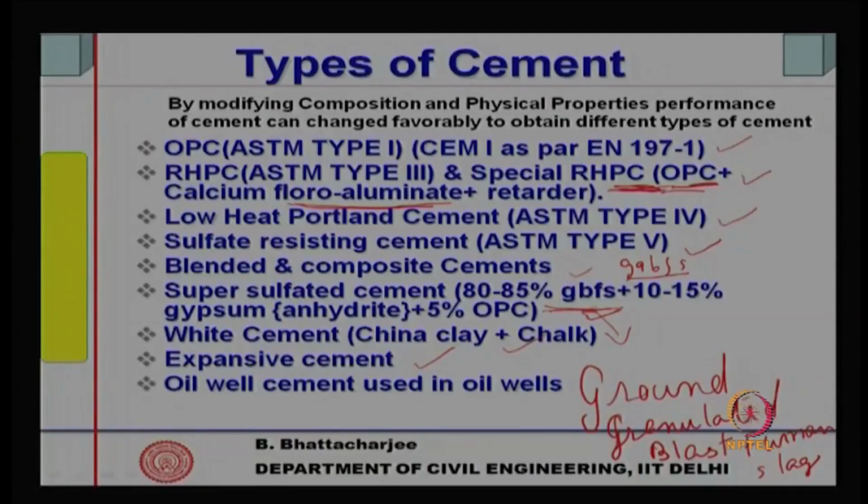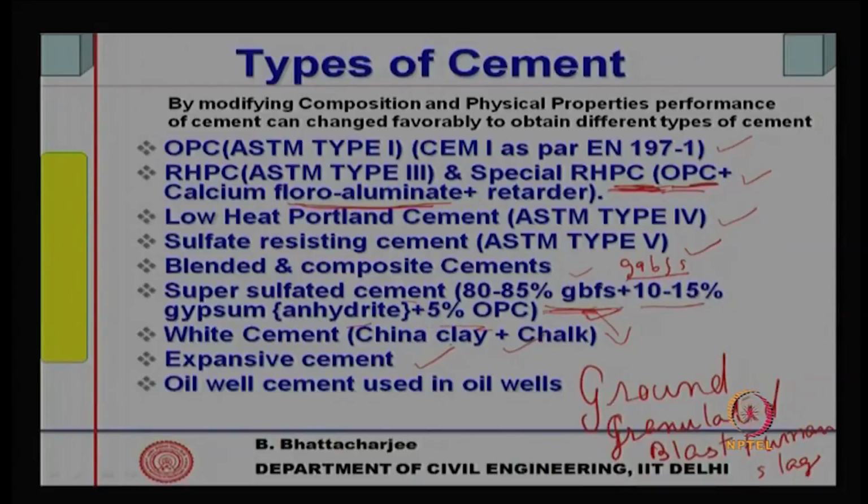We will see that a little bit later. A high quantity of this material is used in super sulphated cement, around 80 to 85%, mainly meant for sulphate resistance, and 10 to 15% of gypsum with 5% OPC.